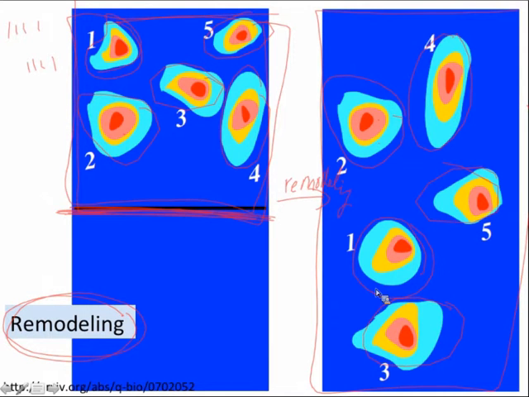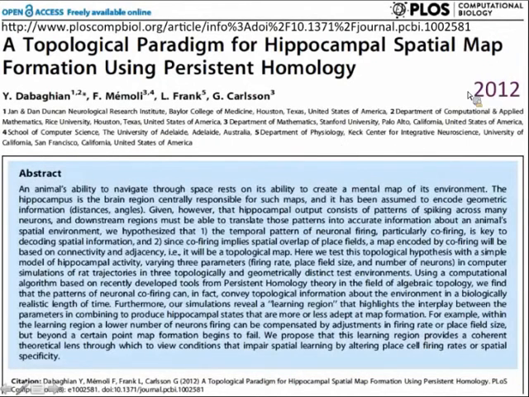So the 2012 paper basically takes a look at the formation of the spatial map using persistent homology. That's the 2012 paper out of Gunnar Carlsson's group, and Devagyan is one of the speakers in our workshop next week.